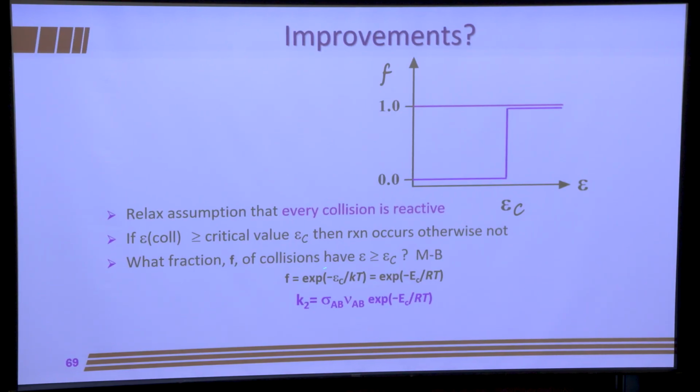Okay, so this is on a per molecule or per atom. This is on a per mole. Okay, so now we have K2 is equal to sigma AB, nu AB, times the exponent of minus a critical energy all over RT. And so now we have K is equal to A e to the minus EA over RT. Okay, so it's very similar to our Arrhenius equation.